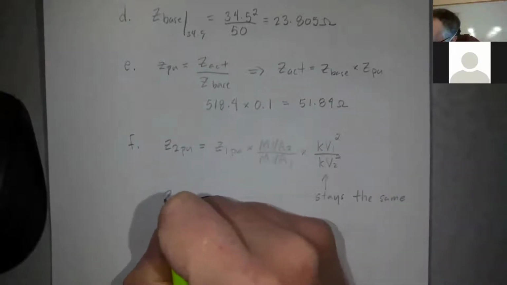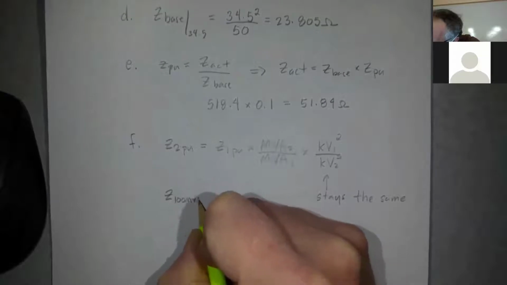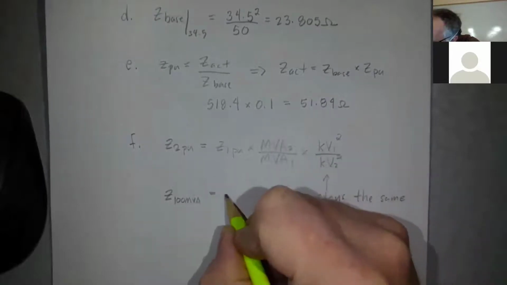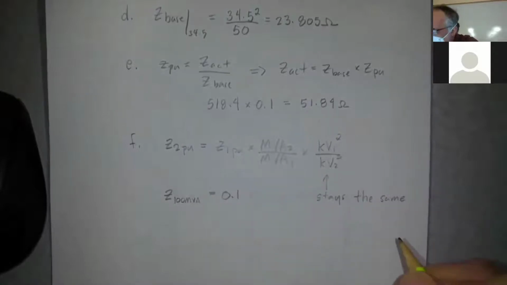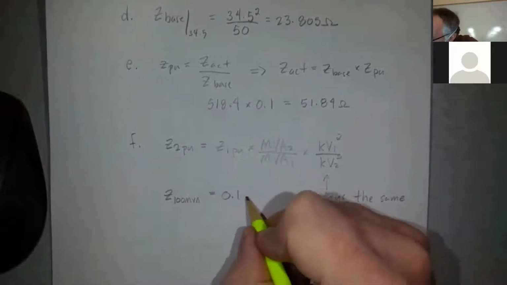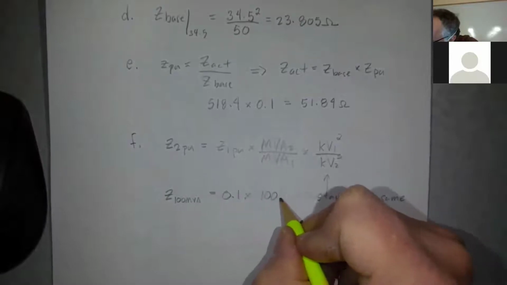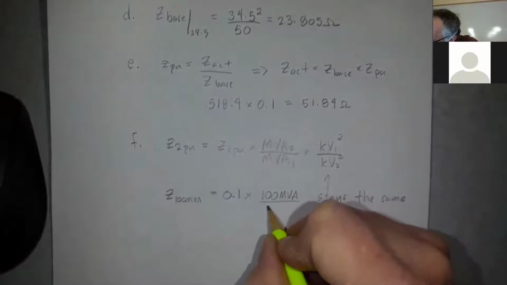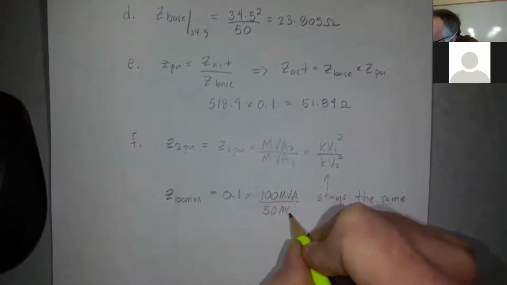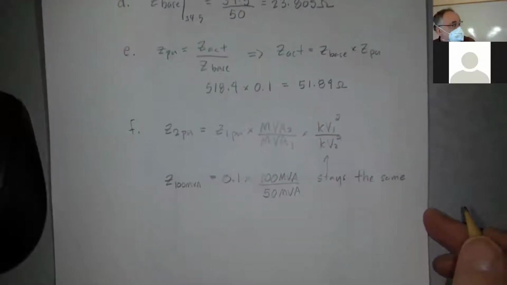So Z 100 MVA is going to equal, well, the transformer was 10%, so that's 0.01. And then the new base is 100 MVA. And the old base was 50 MVA, right? Does that make sense?